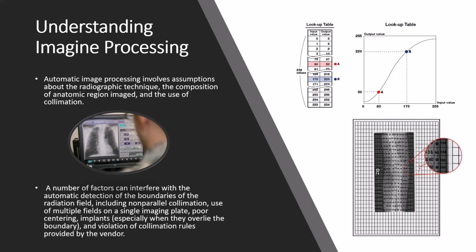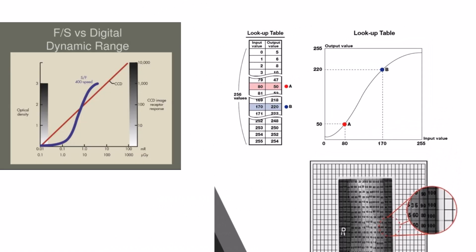Also, the artifacts shown on the images could be used to determine what to correct in equipment and processing errors. We can notice the difference between a film screen versus digital shades of gray or dynamic range.